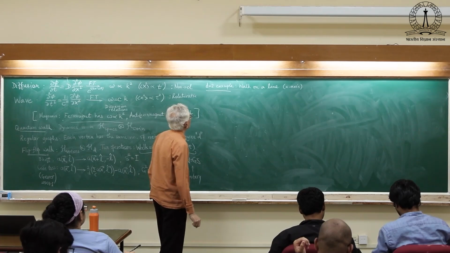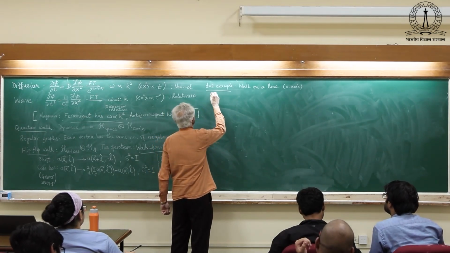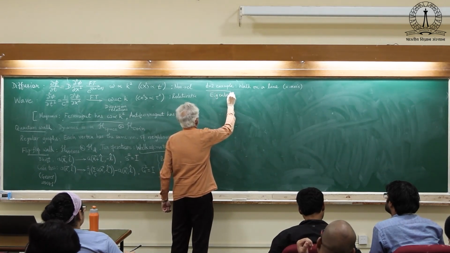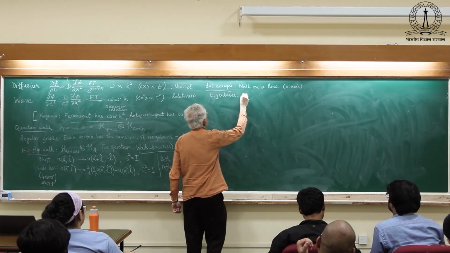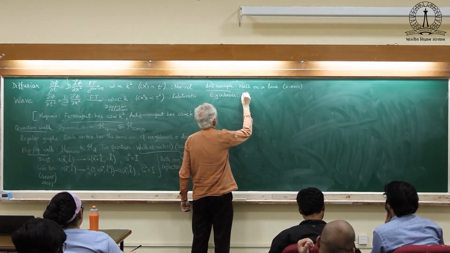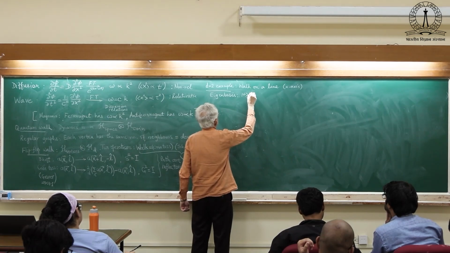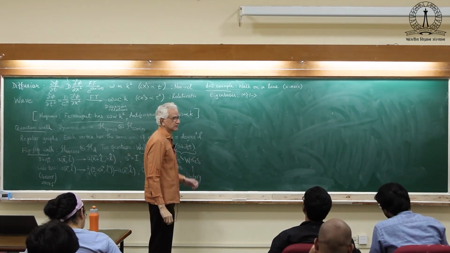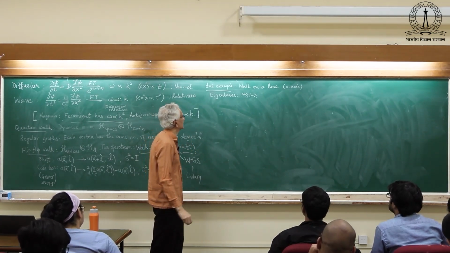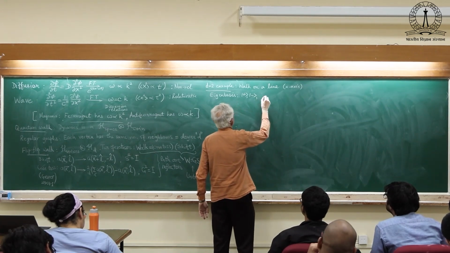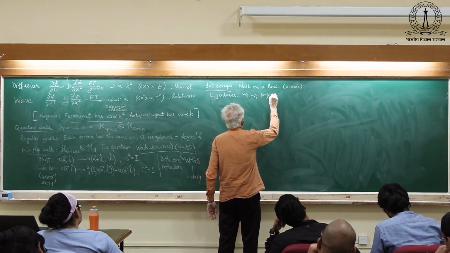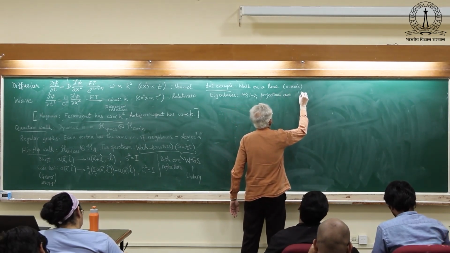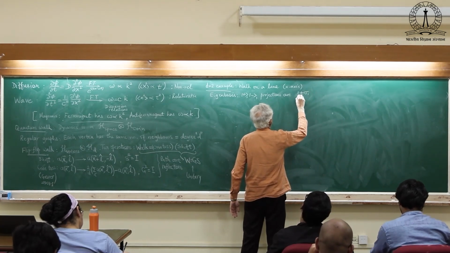So I will use the conventional notation for the eigenstates, which are eigenstates of the sigma x, the Pauli operator, called plus and minus, and the projections are 1 plus minus sigma 1 by 2.